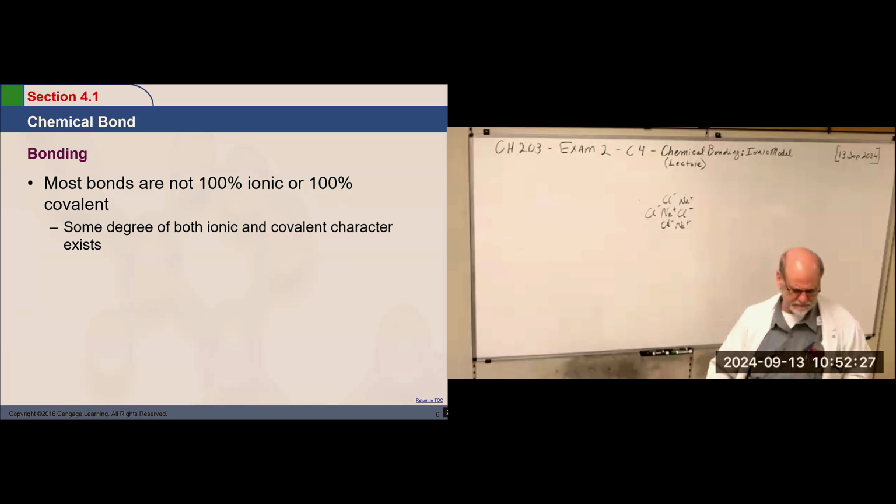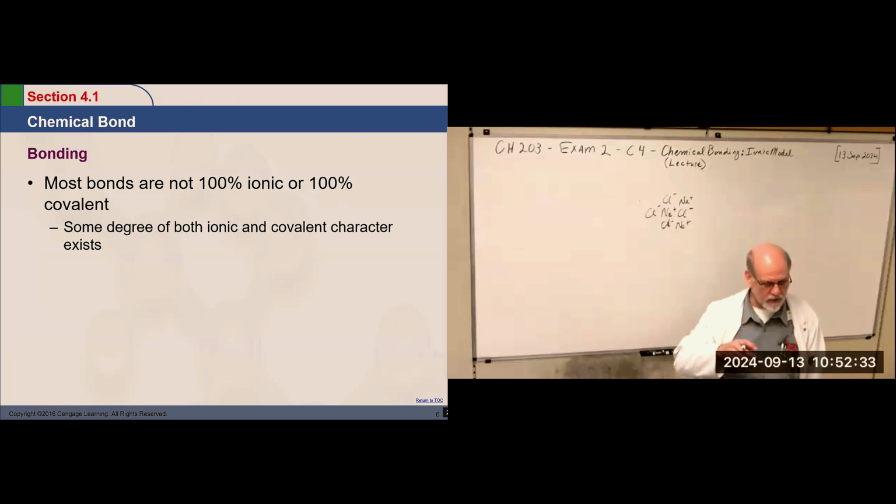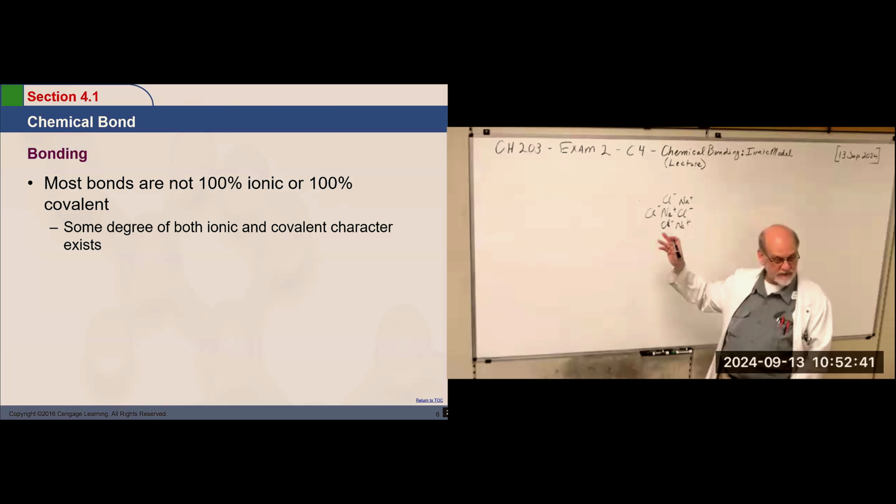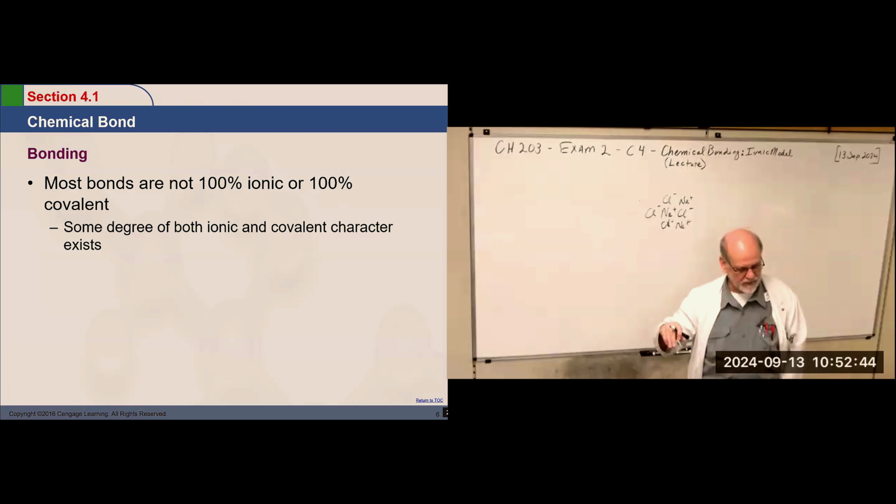Now we have to remember, nature just does what it does. And what we're trying to do is categorize it and make sense of it. So if you have a purely ionic arrangement, that would be 100% ionic. Well, as a matter of fact, every bond has some ionic character and some covalent character, with very few exceptions.